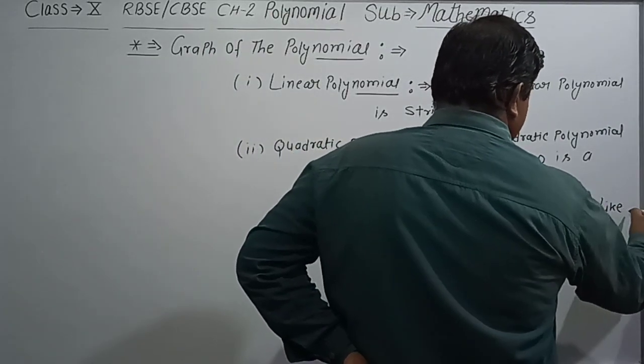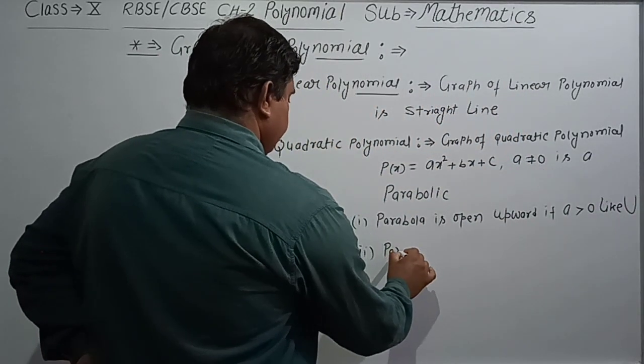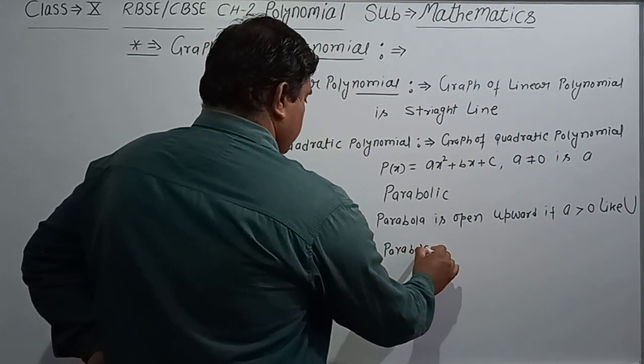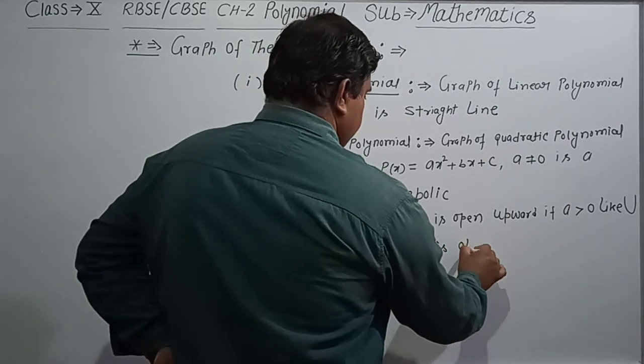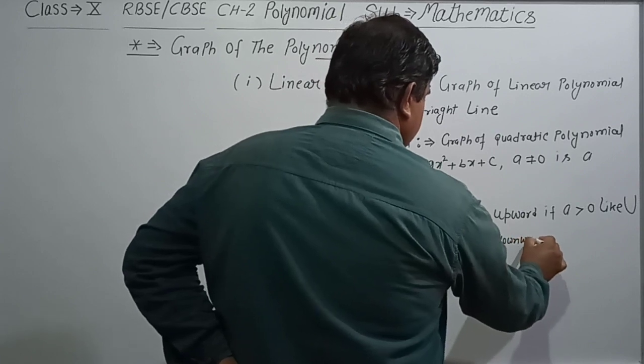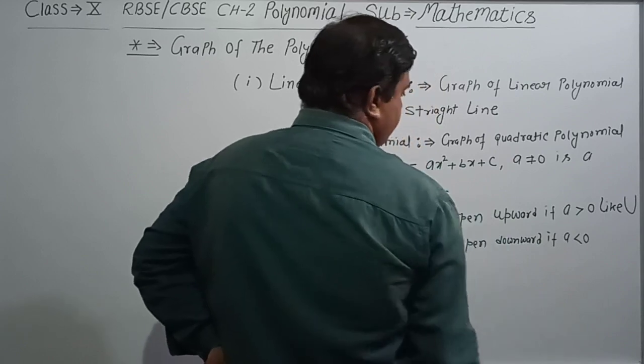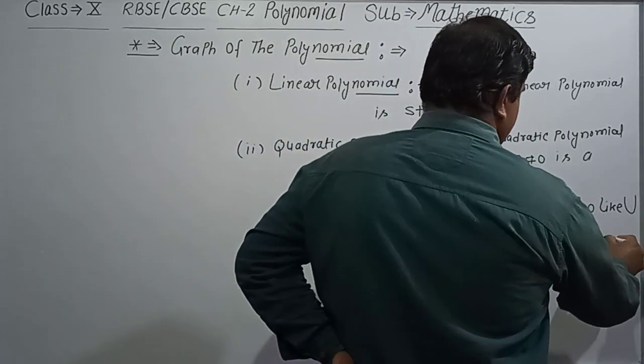Parabola is open downward if a less than 0.